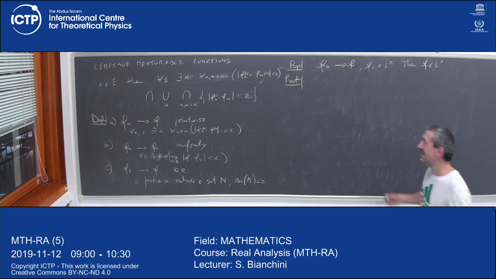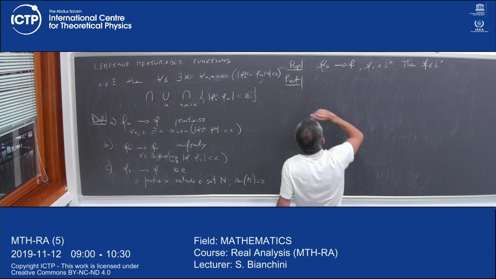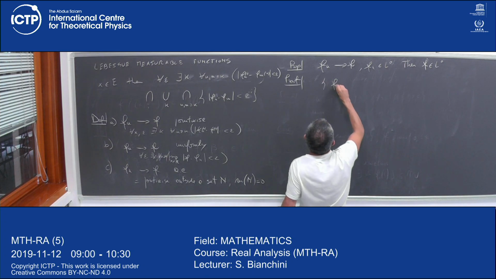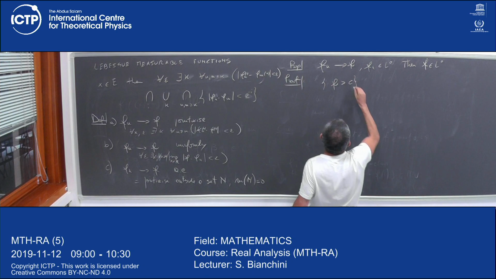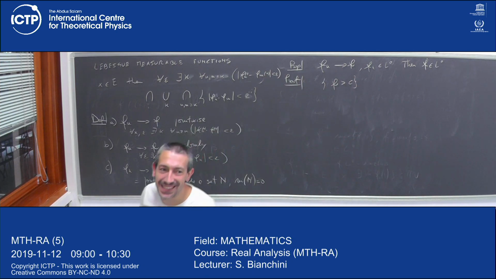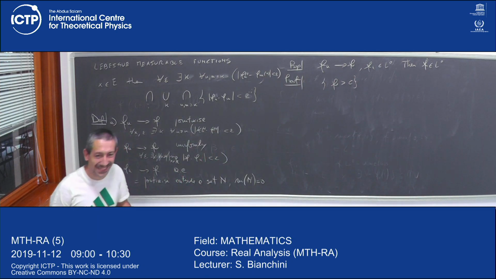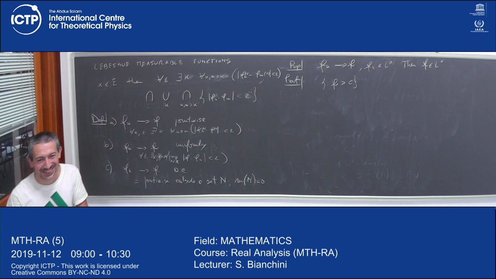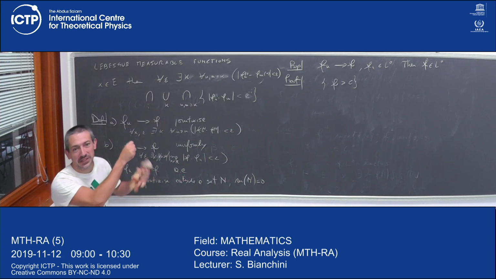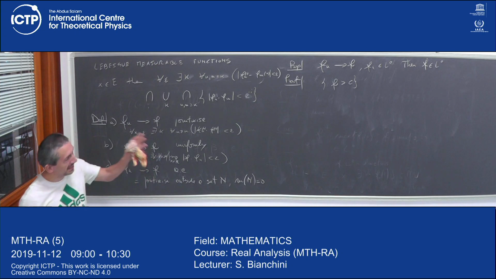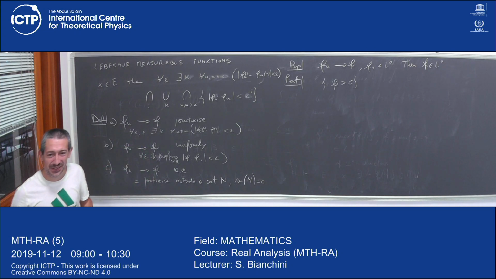Okay, so let's do it this way. I want to compute when F is larger than C. This is the intersection of F and this set. It was already in the exercise; you have to change it a little bit. But let's do it for this.